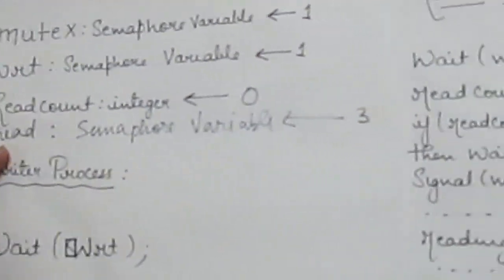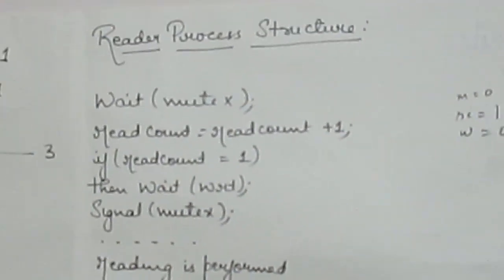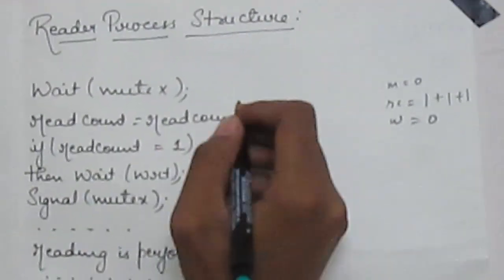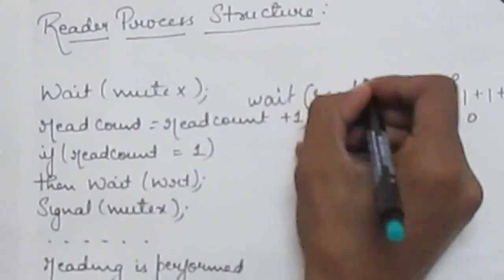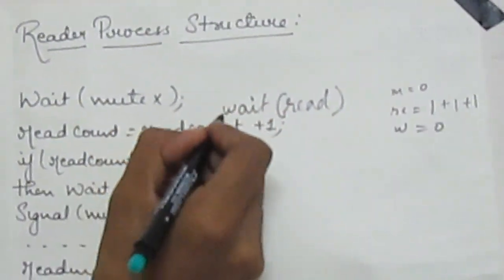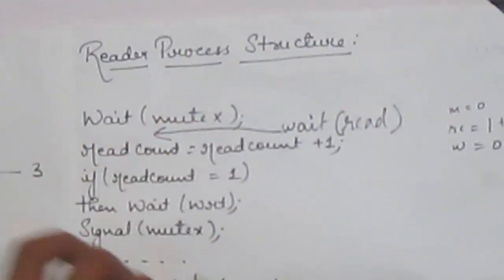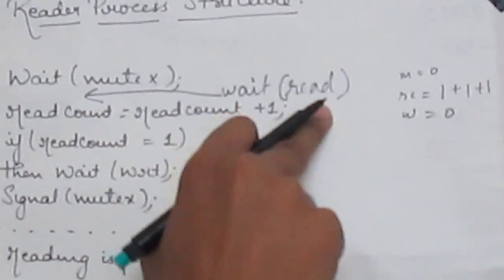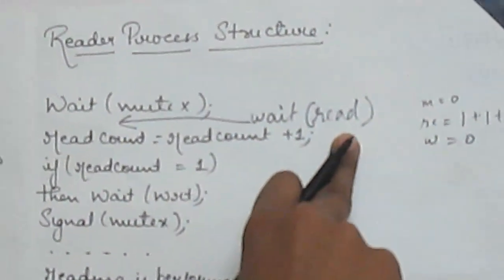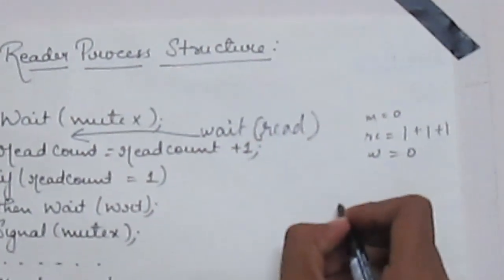Now coming to the reader portion, the code for the reader. I'll put a condition here. I'll put wait read, after this wait mutex. So when the first reader comes, it will decrease the count of read, so the count of read will become 2 now.